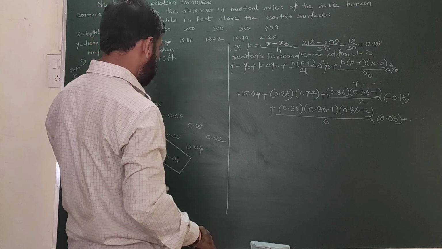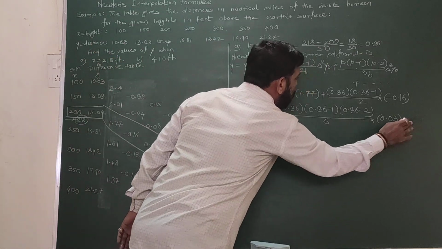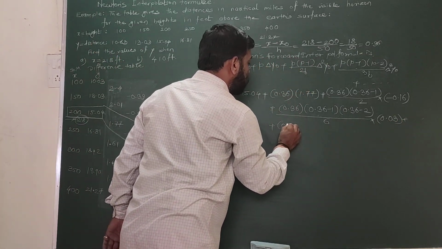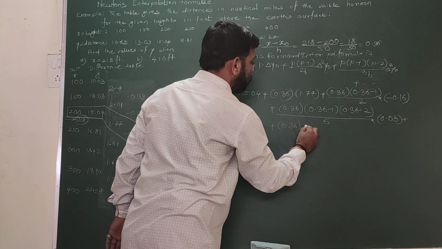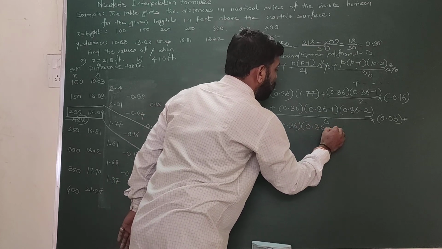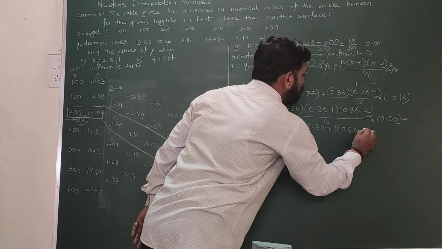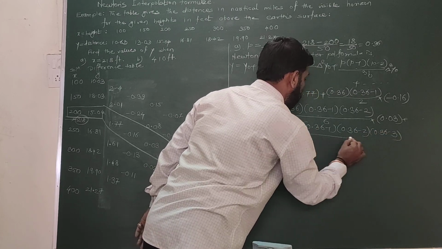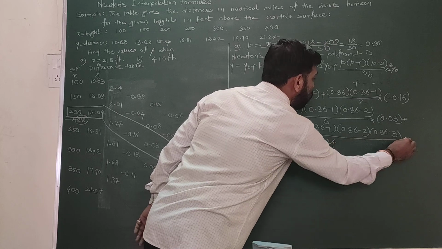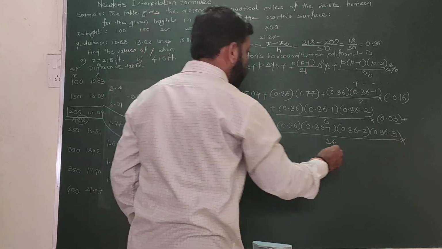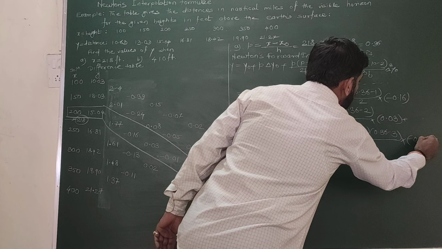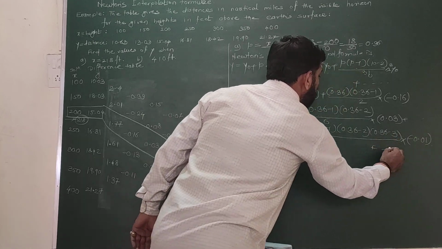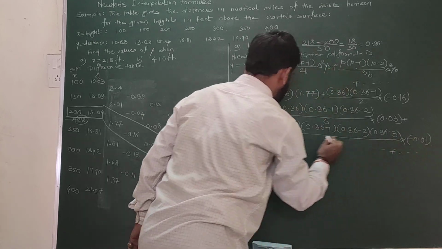Or one more term we mention here. I completed one more term in this: p into p minus 1, minus 2, minus 3 upon 4 factorial, that is 24, into minus 0.01, and this plus so on.